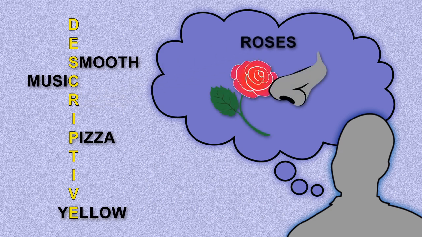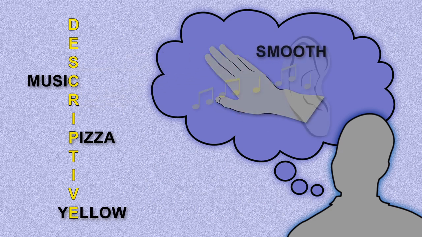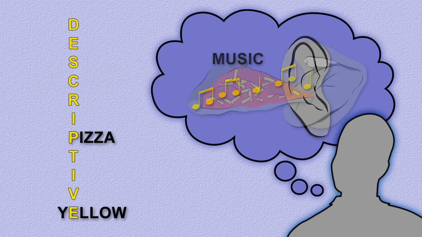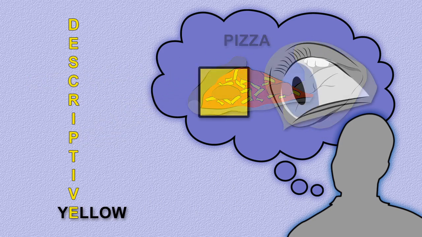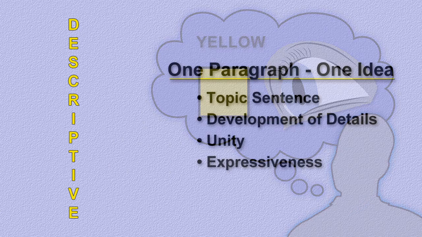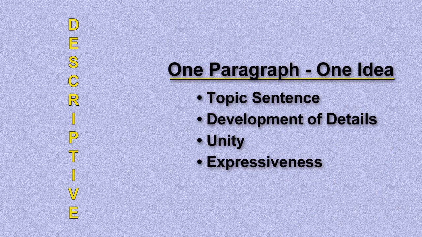The writer uses sensory words that create tastes, smells, and physical sensations that draw a reader into the writer's message. To accomplish this aim, a writer makes sure that a descriptive paragraph includes the 4 characteristics of a paragraph and that it is supported by the central principle of a paragraph.